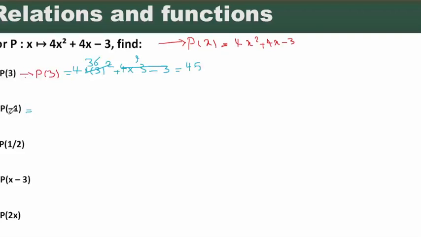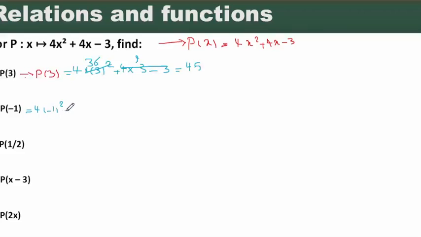Here is so easy. I will substitute negative 1 instead of x in this expression. So I will have 4 times negative 1 squared, which gives me 1. We know any negative sign to the power of even gives me positive.